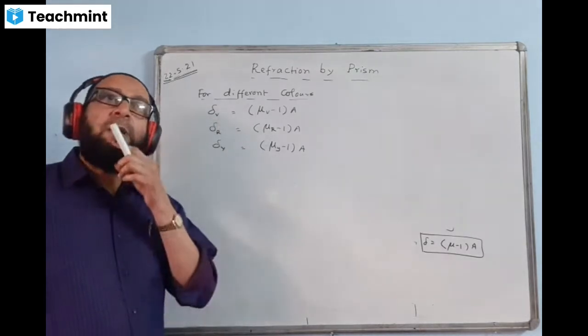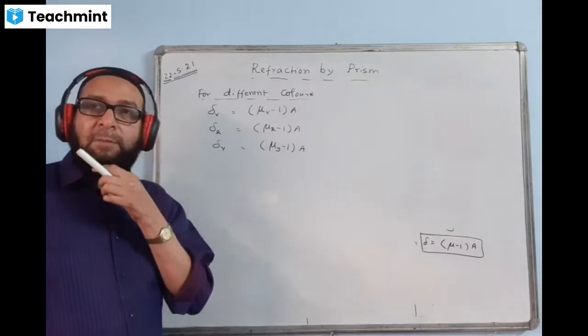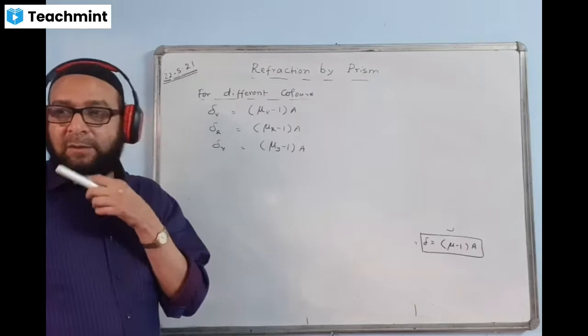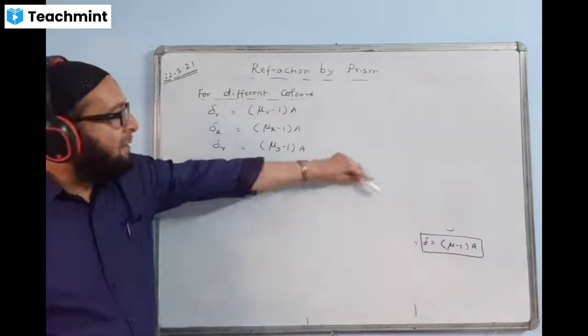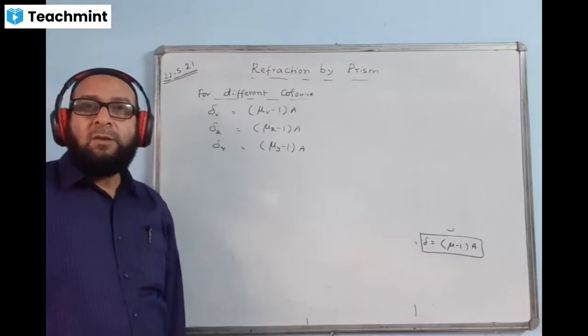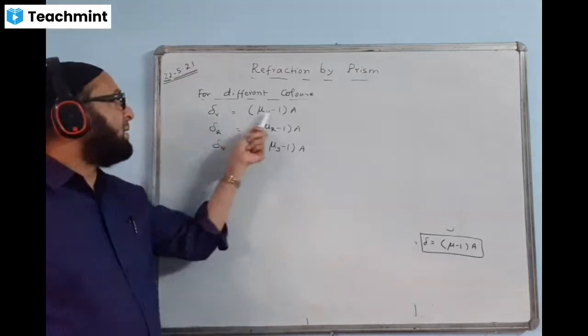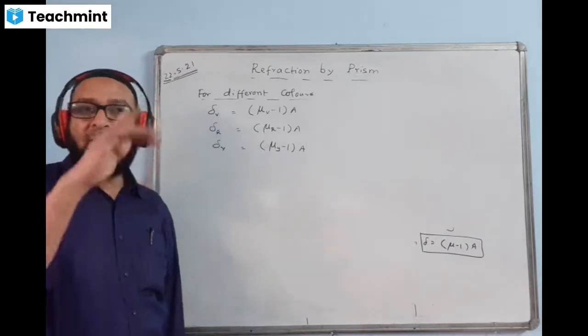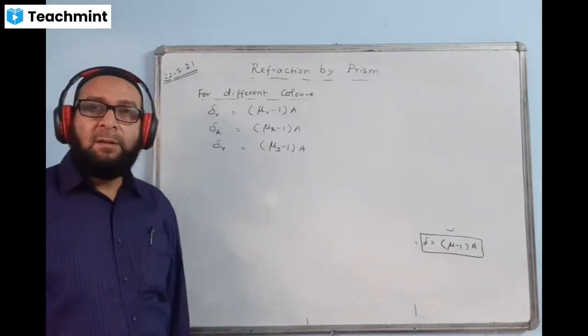If you recall your class 10, the chapter was spectrum. Which color deviates the most? We say violet, because violet is received at the bottom and red is received on the top. So angle of deviation for the violet is maximum and that for the red is minimum. And for yellow, it will come somewhere in between, average.